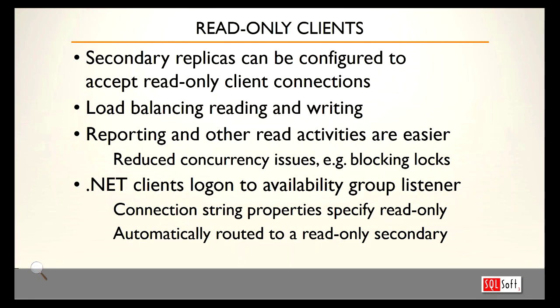You can also have those read-only clients connect to a secondary replica that's close to them. If you have data centers all over the world, that's a configuration you can do.